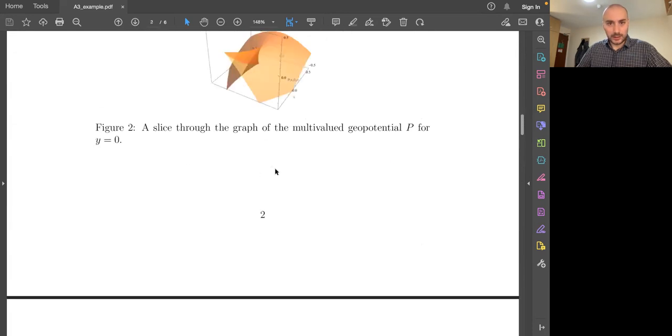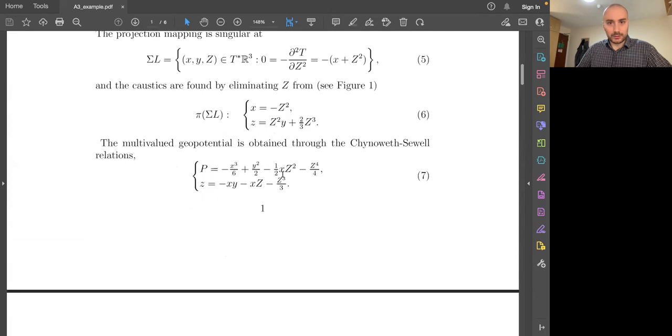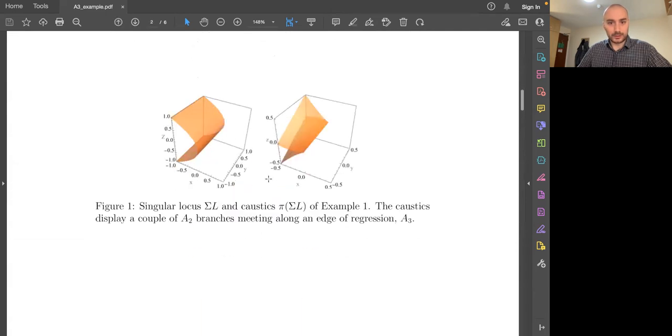Okay, and this is, of course, a three-dimensional view of it. Well, this is the caustics. Once we project this into the physical space, we are able to draw this surface, and the surface is singular.